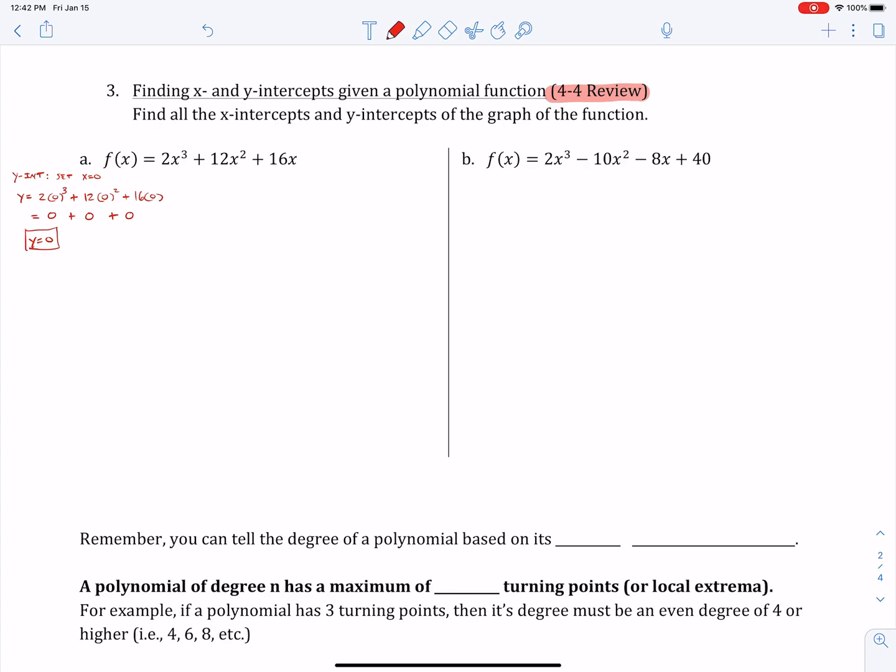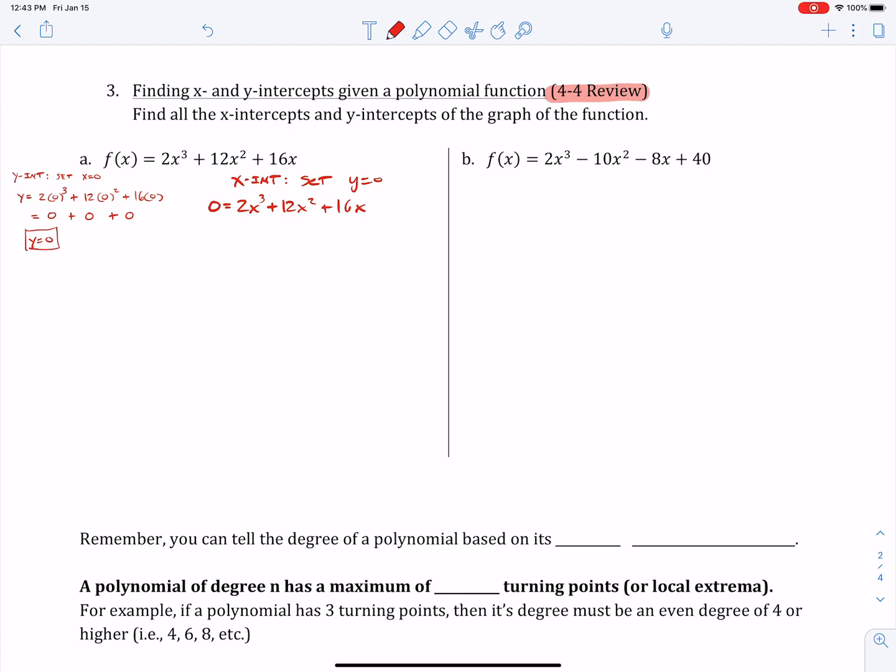I'm going to shrink it just because we're going to need some space for my x-intercept. So for our x-intercept, what I need to do is set my y equal to 0. Basically this part is going to be set equal to 0. So let's do that. I'll have 0 equals 2x to the third power plus 12x squared plus 16x.